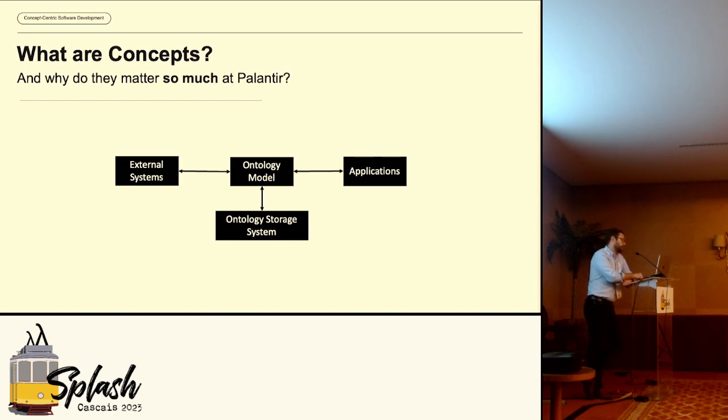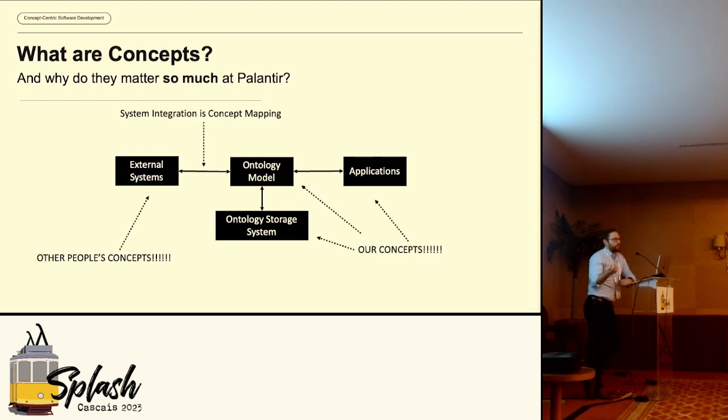And so fundamentally, the task of building such a system is really mapping other people's concepts, right? Concepts from the world, ideas from the world that other systems express into a cohesive ontology, right? An ontology in which all of the concepts of the subsuming systems are expressed.